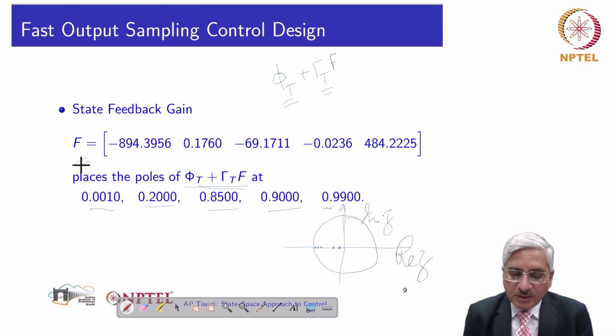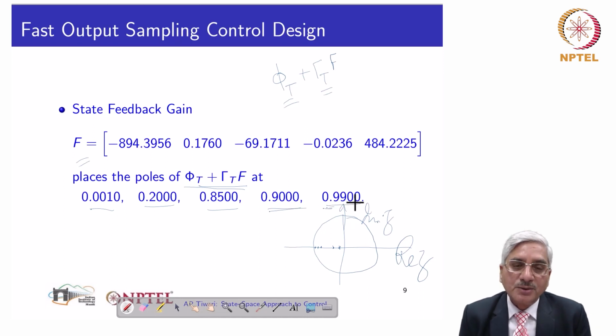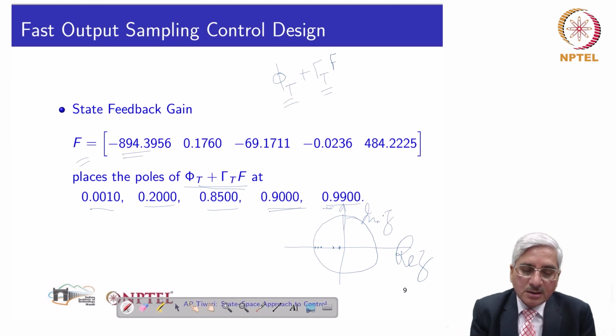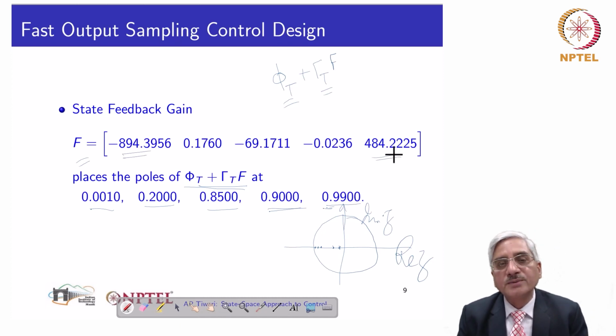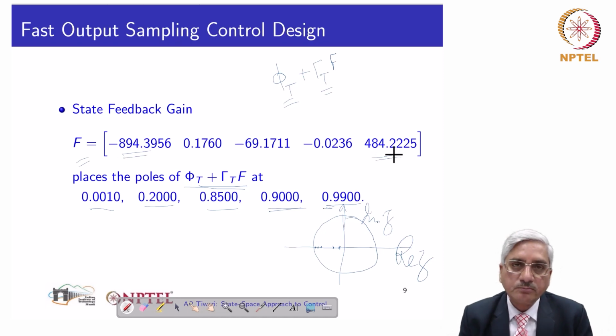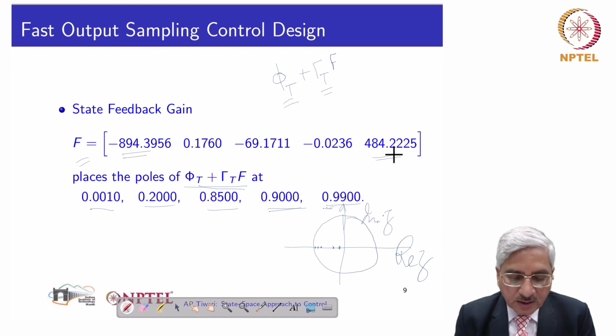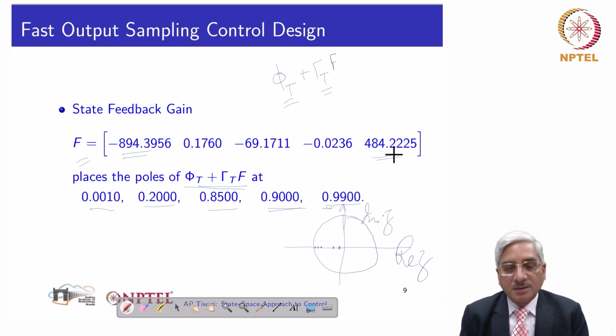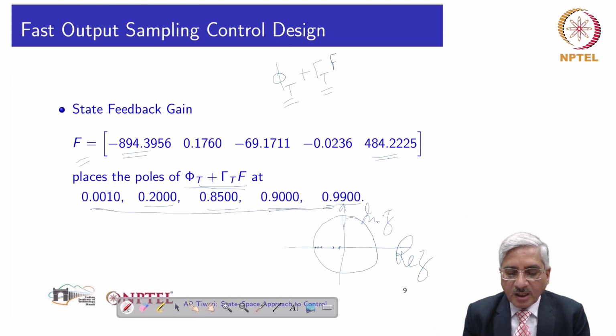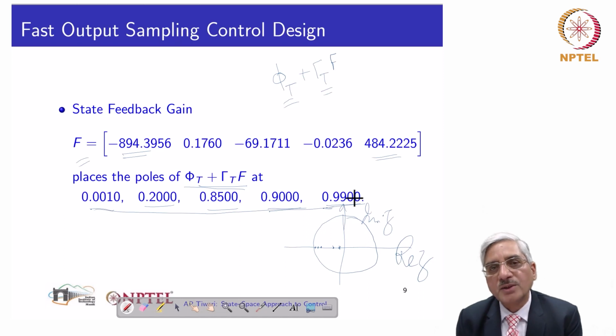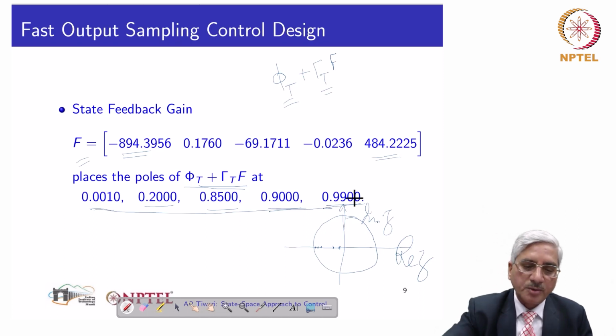Even though we have chosen pole locations which are very close to the unit circle, still you see two of the gains are very large. But anyway we proceed with this F, which yields eigenvalues like this. All of them are real, so we don't expect any overshoot or undershoot in the transient response.